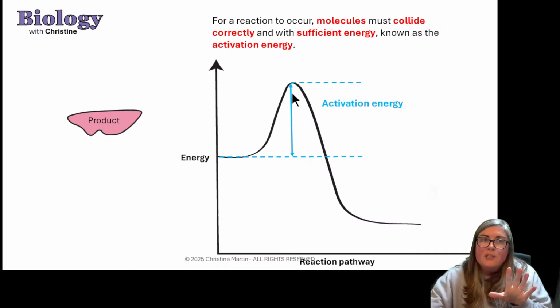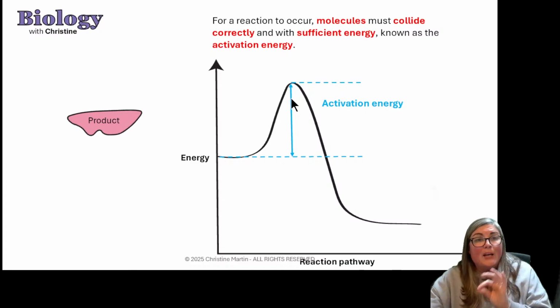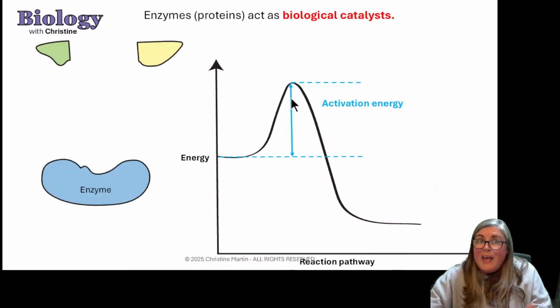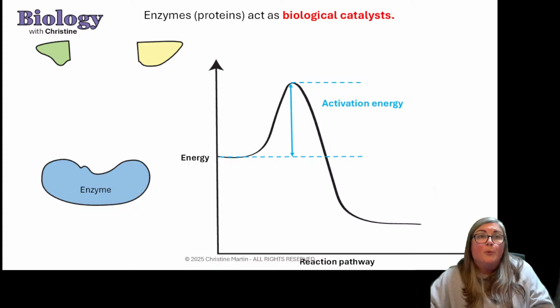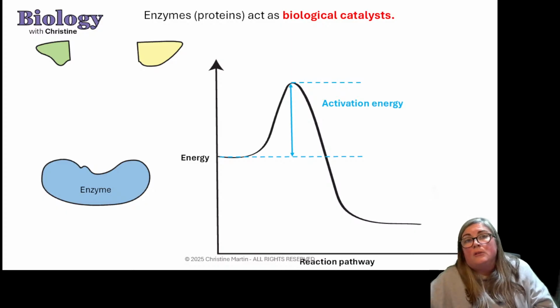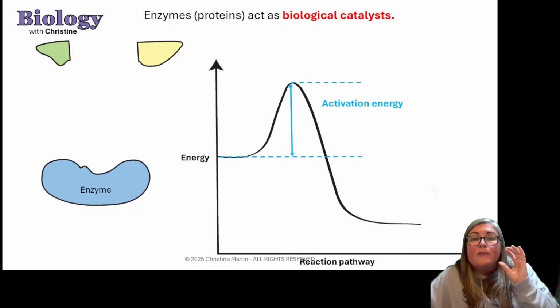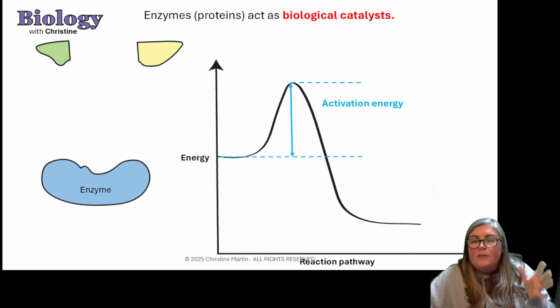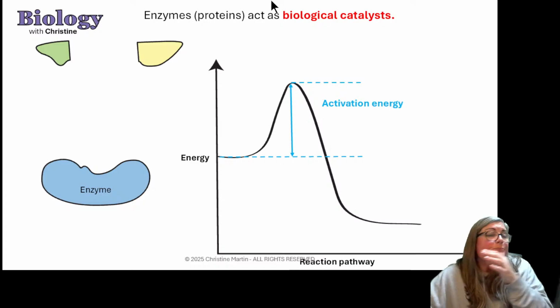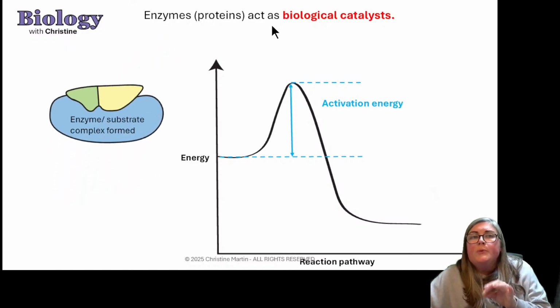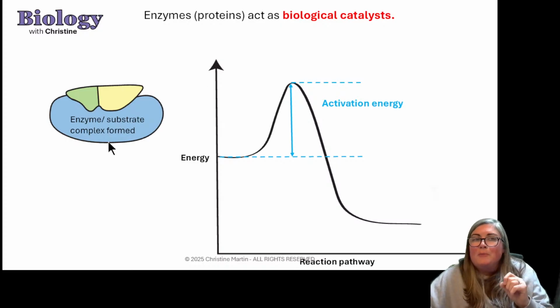So that's important for us to know, and we know that in biology, we have enzymes that are proteins that act as biological catalysts. They speed up the rate of the reaction. If you're aiming for that high grade, if you're aiming up to the 9, then you need to be using terminology that's going to help you. Don't worry too much about the enzyme substrate complex.